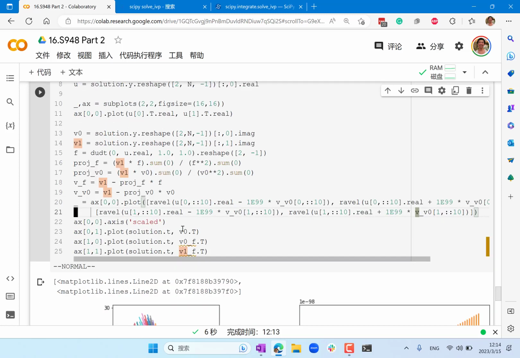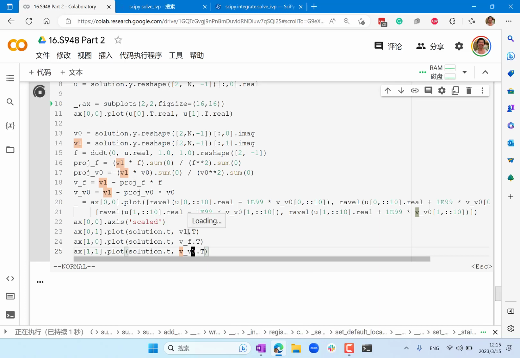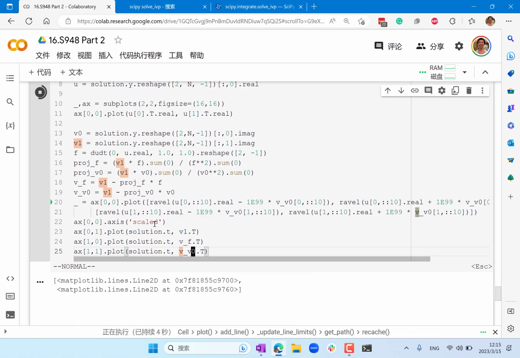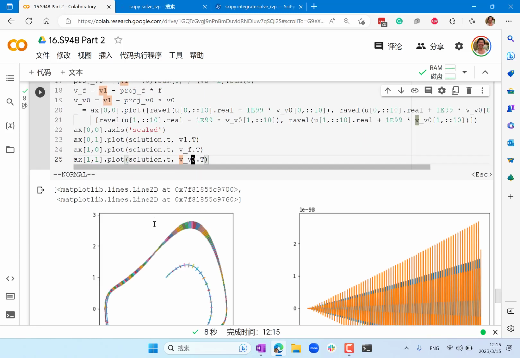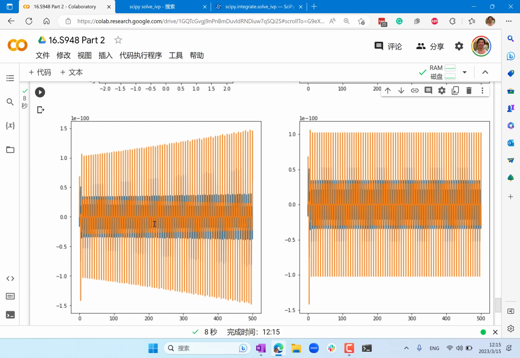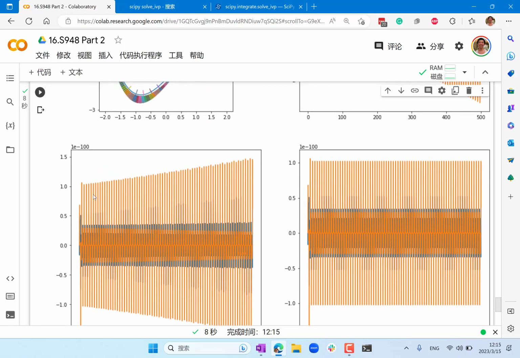Then I'm plotting my v1.t, which is before the projection, and I want to visualize v projected out with f and projected out with v0. So let's see. This time it gives us the right thing. Okay, yeah. On this plot we have shown what we saw previously when we project out the f component: a slight growth.